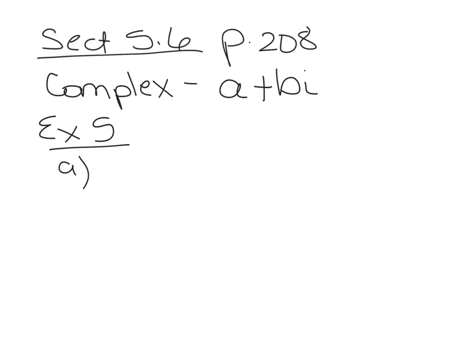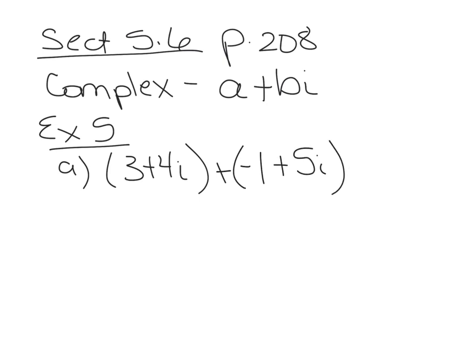Letter A says 3 plus 4i. That's an example of what a complex number is. Here's the real number part and the imaginary part as the second term. 3 plus 4i plus another complex number, negative 1 plus 5i.